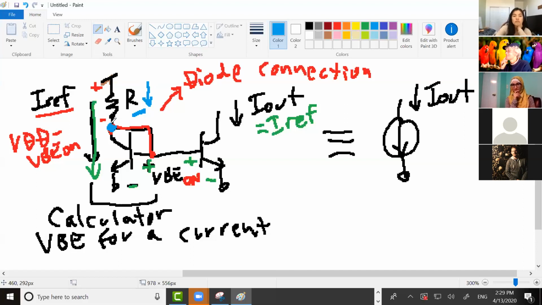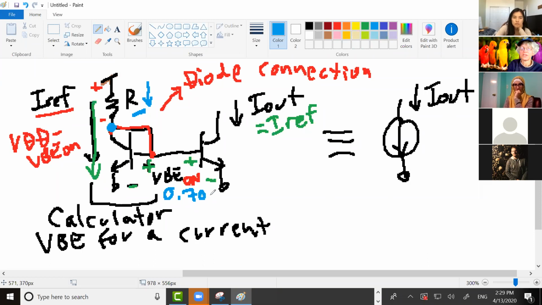Anybody say it better? Let's say VBE on is 0.7. And you approximate that as 0.7. Now you've calculated the resistor if this is exactly 0.7, for a particular current. You're forcing that current through here, so your VBE on will change.